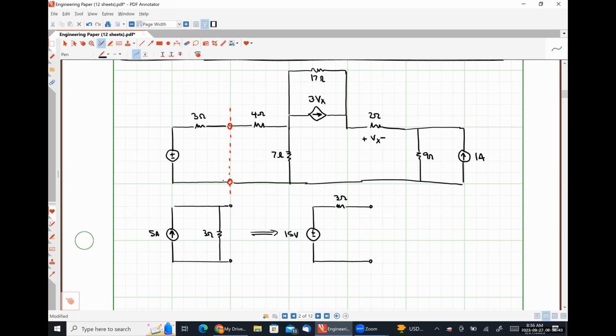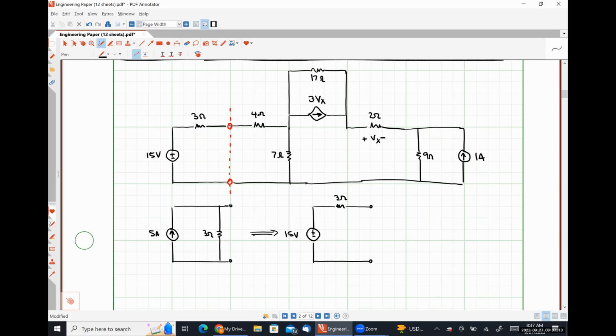So what did that transformation do? Did a couple of things, right? So our circuit went from having 5 meshes down to 4 meshes, which means we're a little closer to being able to apply mesh analysis to it if that was our method of choice here. It also placed the 3 ohm resistor in series with the 4 ohm resistor. So technically speaking, oh, and I need to draw the 15 here, my apologies there.